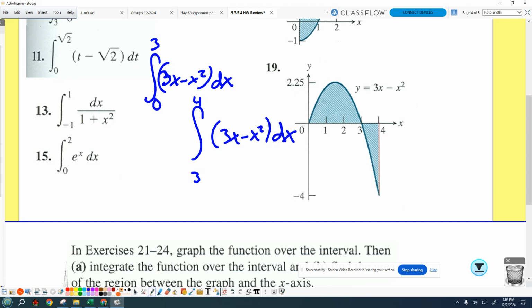Are they added? If you want. Lucia, why are you saying no? Because you either make it 4 to 3 so that it counts it as a negative, or just. Okay, so either we're subtracting this negative area, or we're adding the flip of it.